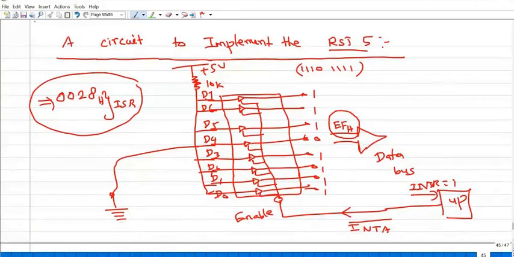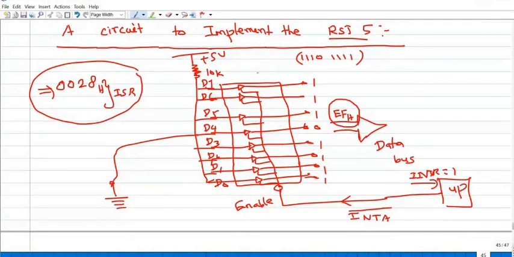Now the internal circuitry: how the RST 5 interrupt is generated. The microprocessor continuously monitors the INTR line during execution of each and every instruction.